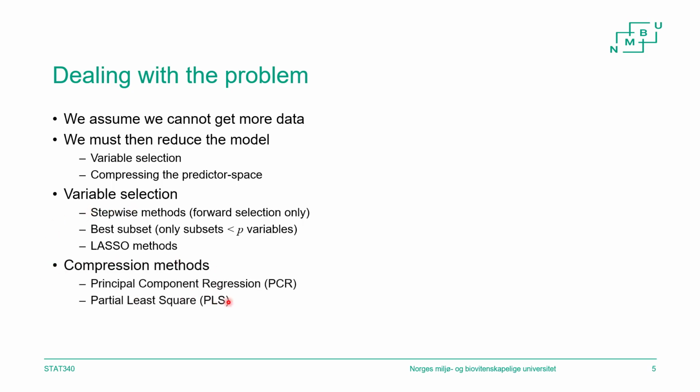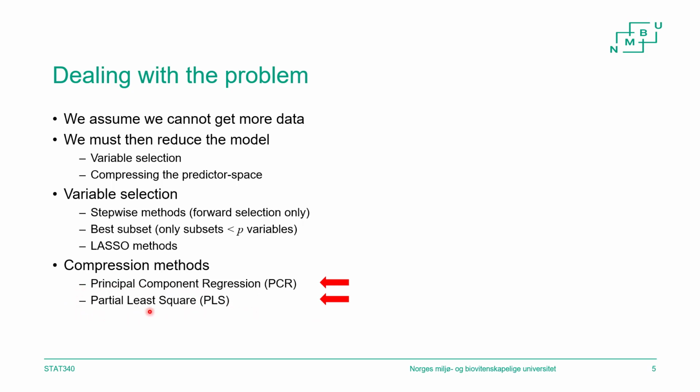Then we have these compression methods that I mentioned above, and that's what we will actually look at now: principal component regression and partial least squares. These are the two we will focus on now. I think it's fair to say that especially this PLS method is popular among many people at NMU, but it's not that popular worldwide.